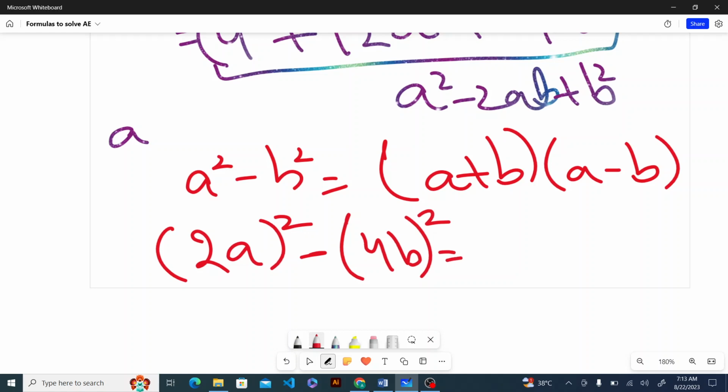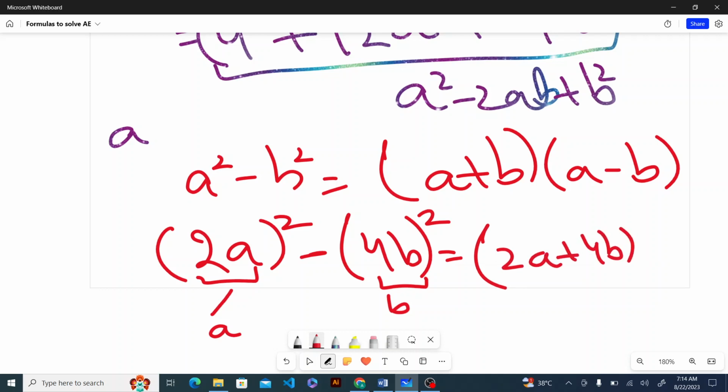Okay, so this is a and this is b. How we are going to resolve it is a plus b means 2a plus 4b, then 2a minus 4b.